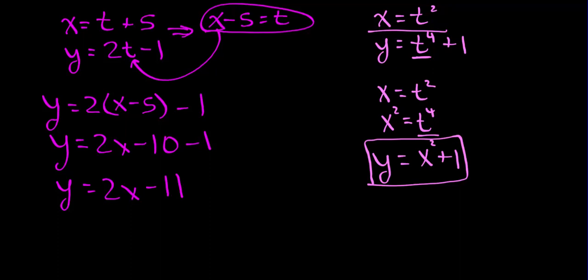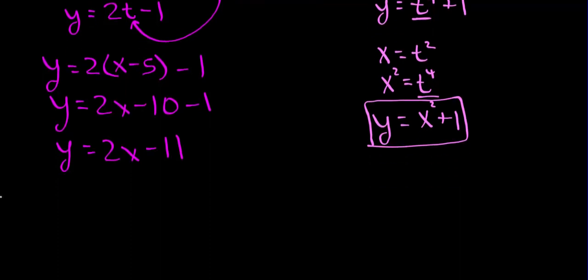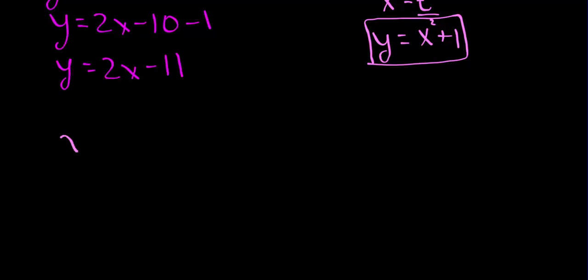So this is one really powerful technique: take one of the equations, get t in a form that will enable you to easily substitute into the other equation. Now, it's not always as straightforward. Let's suppose that we have x equals t cubed minus t, and y equals t cubed plus t, something like that. It might be difficult for us to pick one of these equations and solve for t.